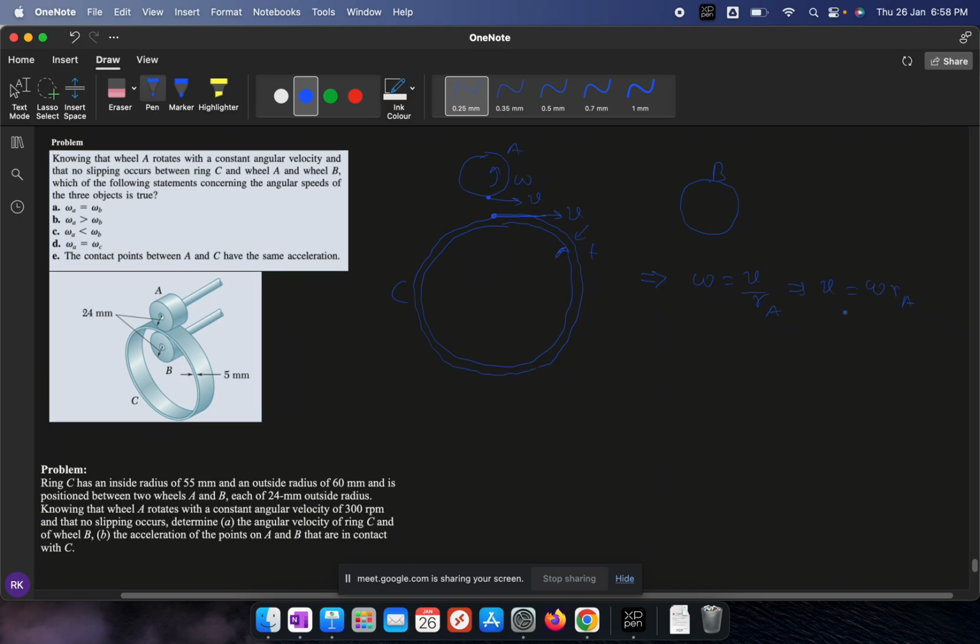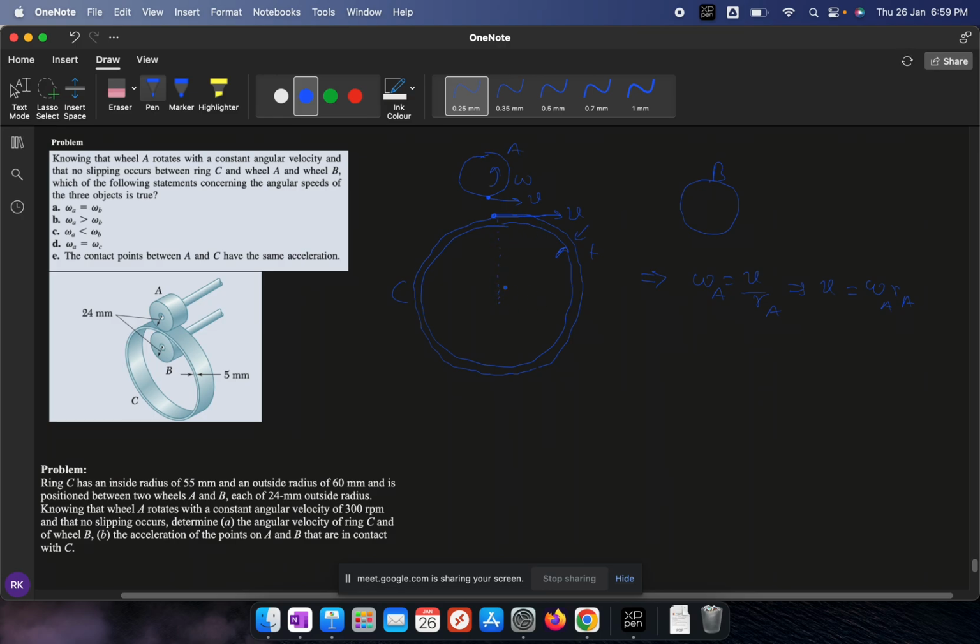Suppose the angular velocity of A is omega A, then you can write v equal to omega A r_A. I already told you that these two velocities will be the same.